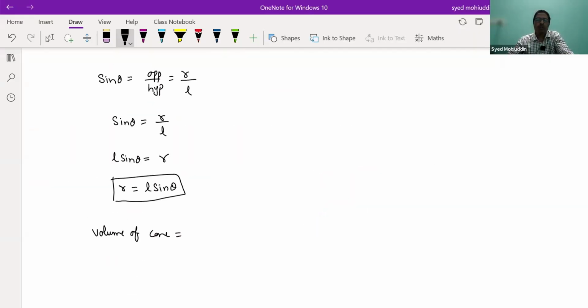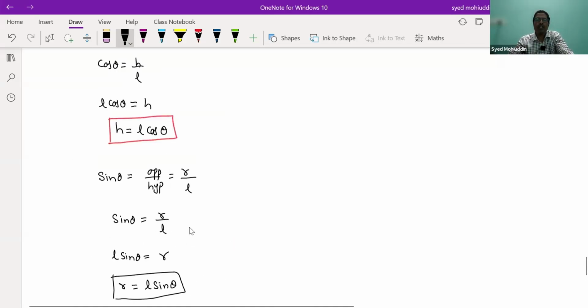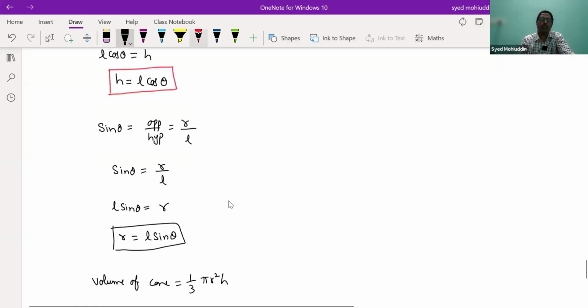So the basic formula that you're having for the volume of the cone is 1 by 3 pi r square h. That's the volume of the cone. So can you see, because the volume of the cone has r and h, we obtain the value of h and r over here. H is obtained as well as the value of r is also obtained.